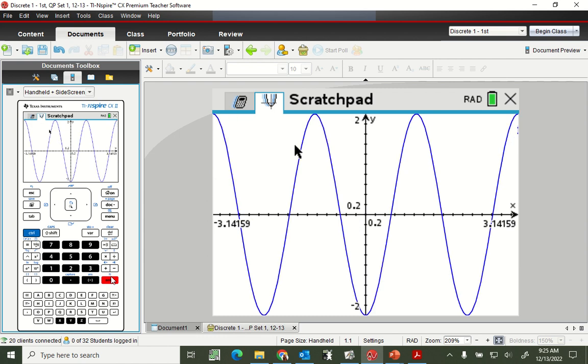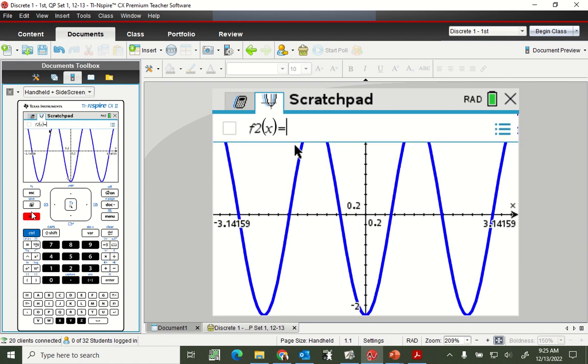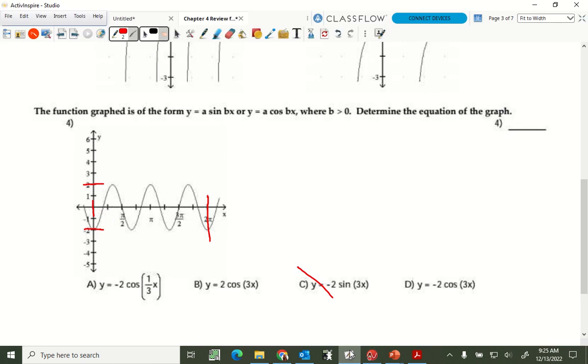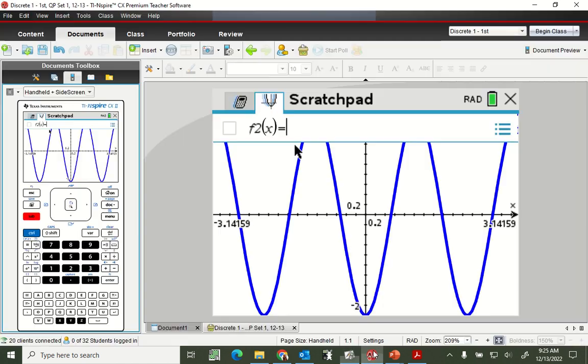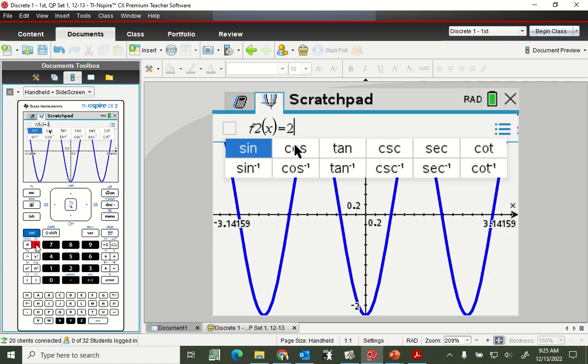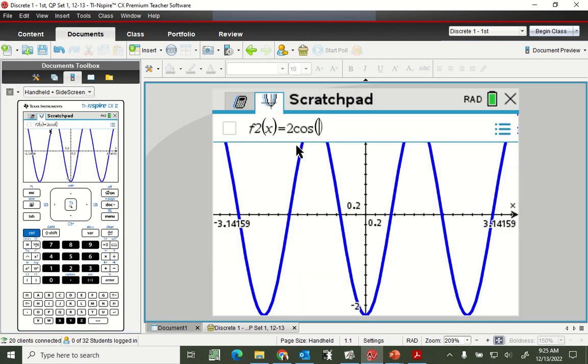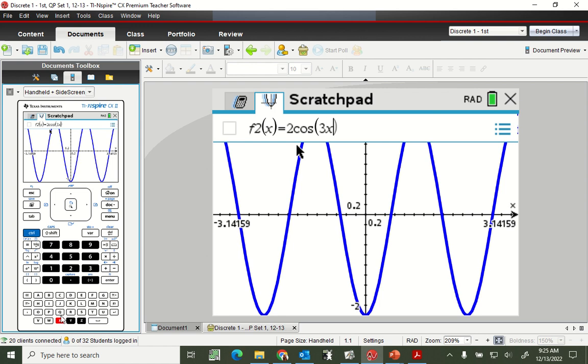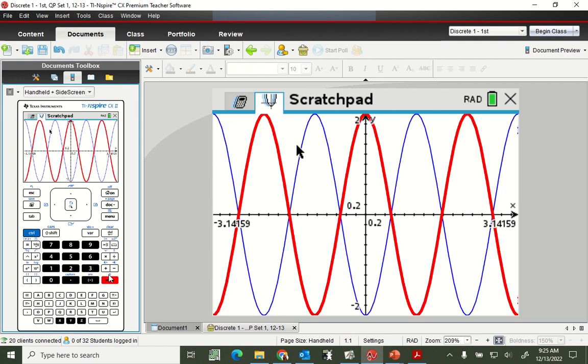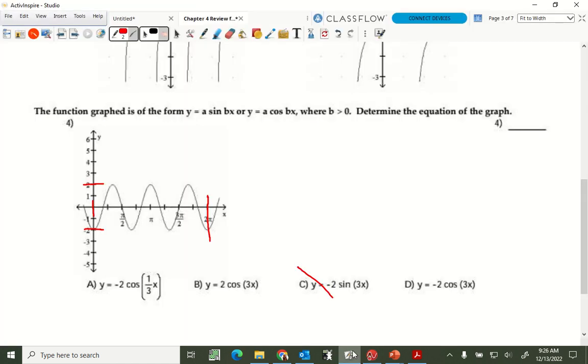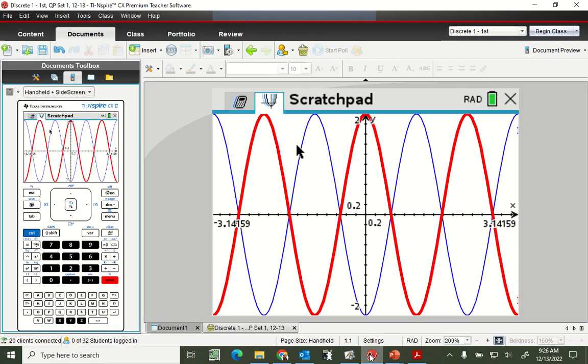Enter. The next one, I'm going to hit tab. So I'm going to put all three of them on there that could be. Next one's going to be 2 cosine 3x. And my last one is -2 cosine 3x. Oh, I'm sorry. The first one was -2 cosine 1/3 x. I think I messed that one up.